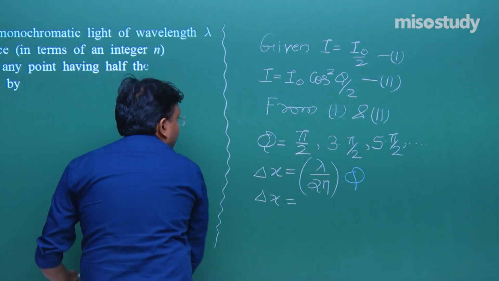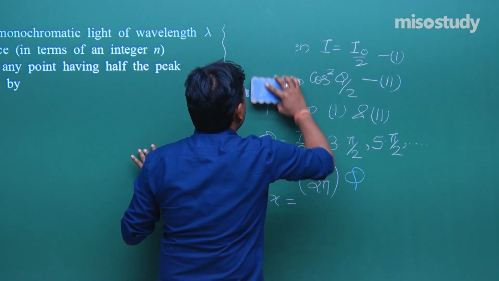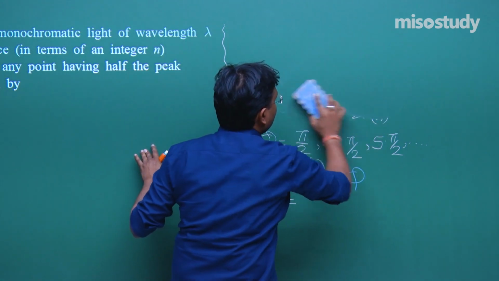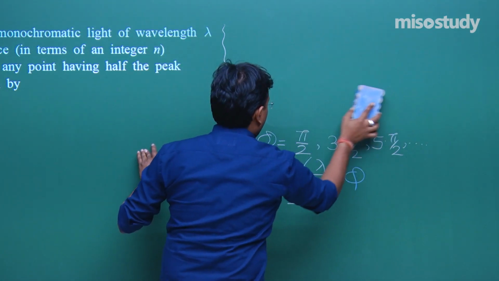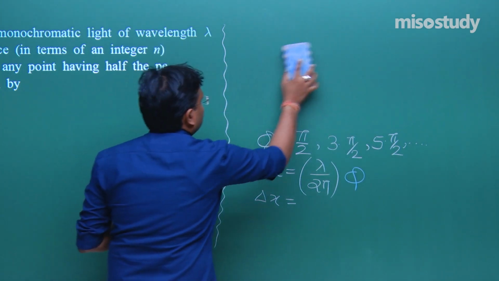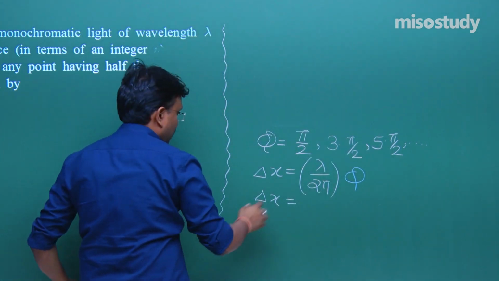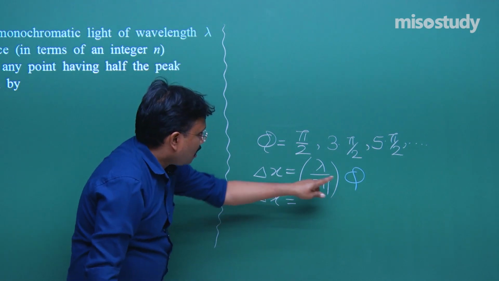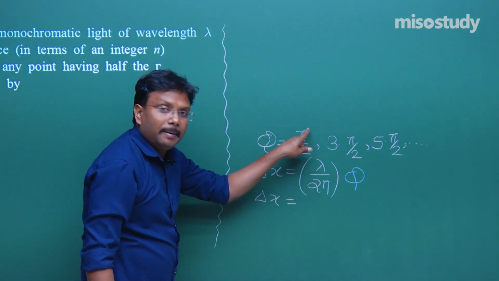I think I should write it down, otherwise a few of you may find a few things really annoying and then you will not like the explanation, although this is very simple. Now, imagine the situation, phi first value is pi by 2.